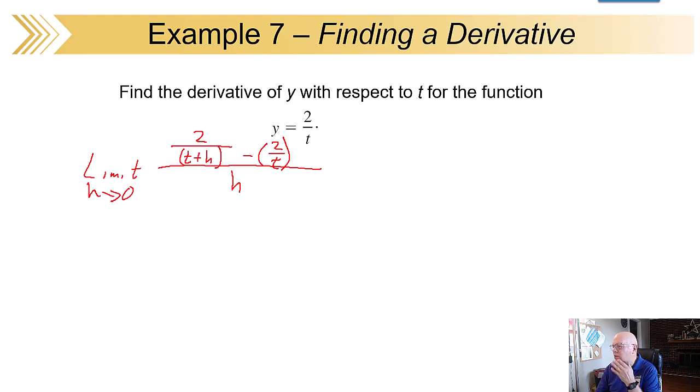Now this looks a little bit intriguing. It doesn't look like a lot of fun because of the fractions. However, let's take this 2 over t plus h, put it over here, and see if we can't work with that before we put it back in the difference quotient. If I'm going to subtract these, I need a common denominator.